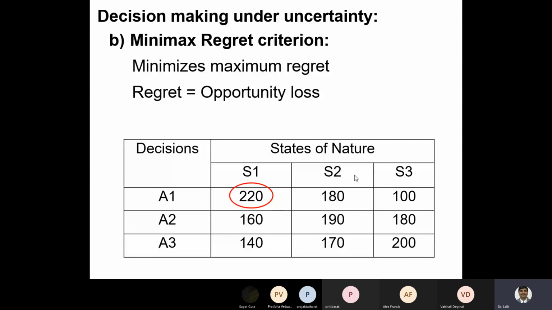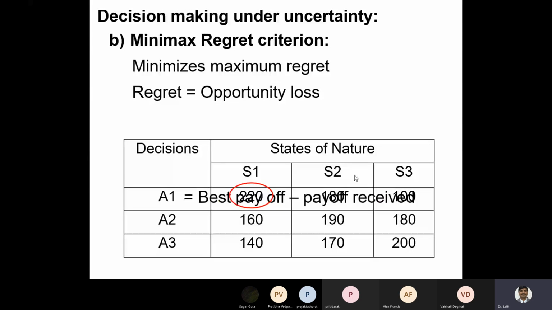After the happening of event S1, he understands that if he had taken decision A1, his gain would have been 220 units. But because he took decision A2, his gain is only 160. So he will feel guilt and regret that he lost an opportunity to gain an additional 60 units. This is called a regret.